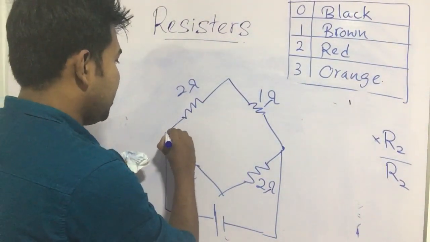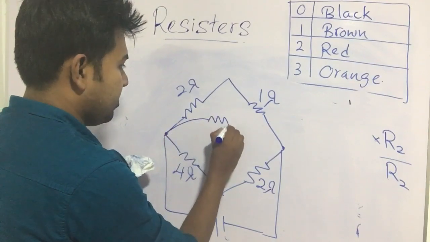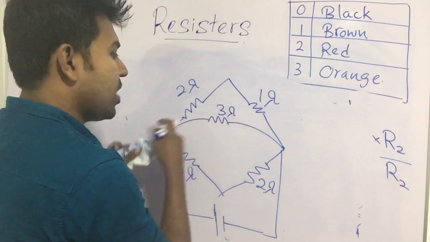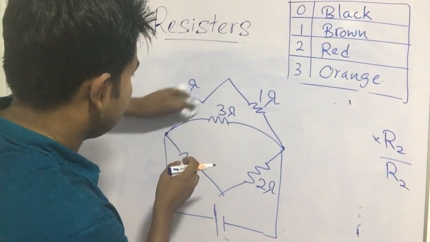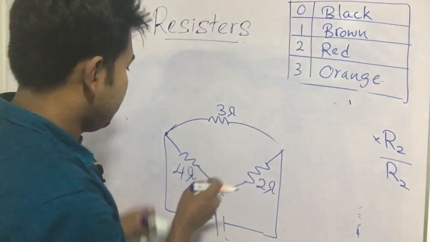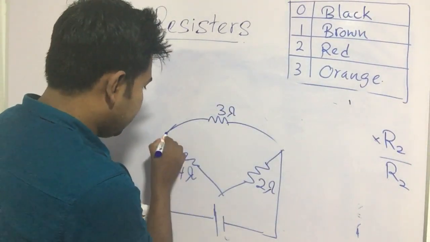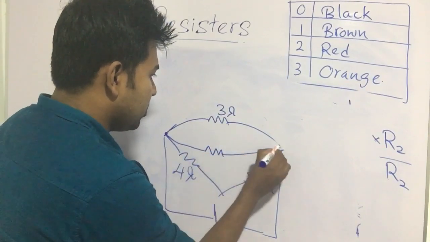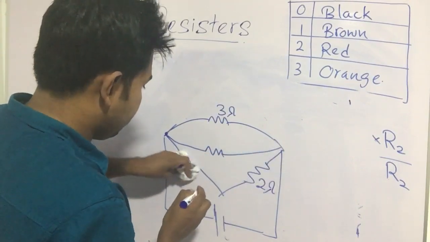So if I replace this by 2 plus 1, 3 ohm, you can replace like this. Then you can replace this by 4 plus 2, 6.